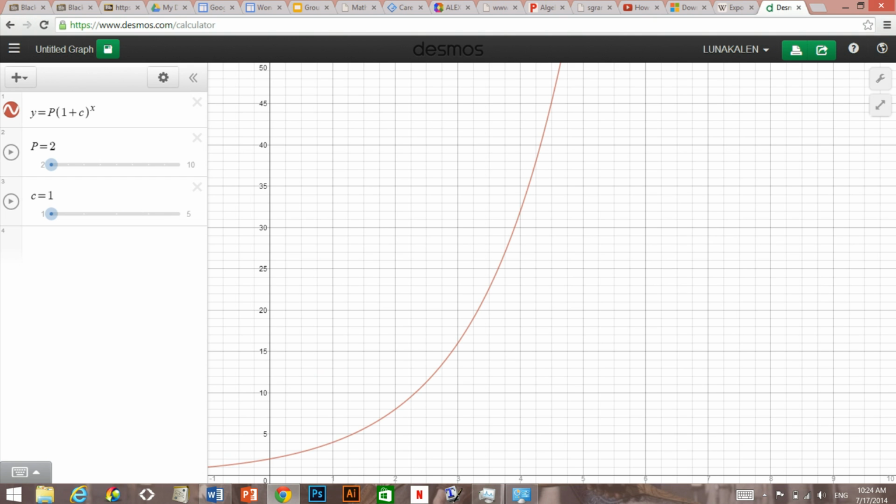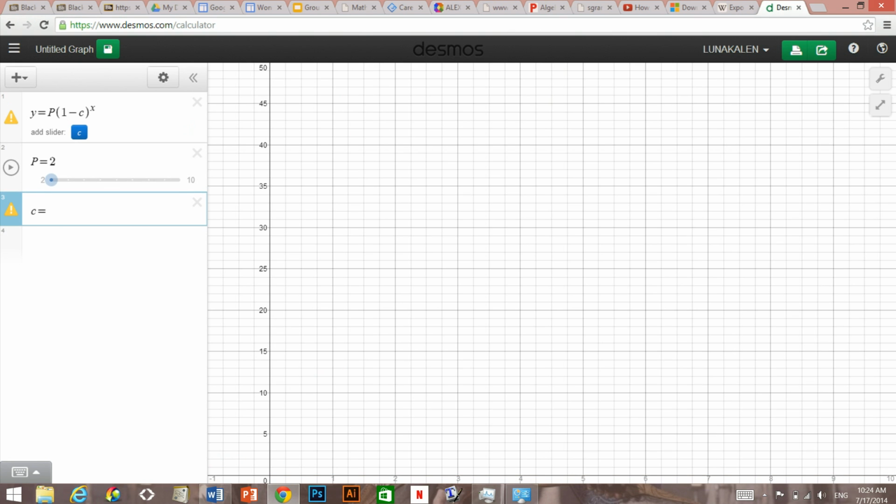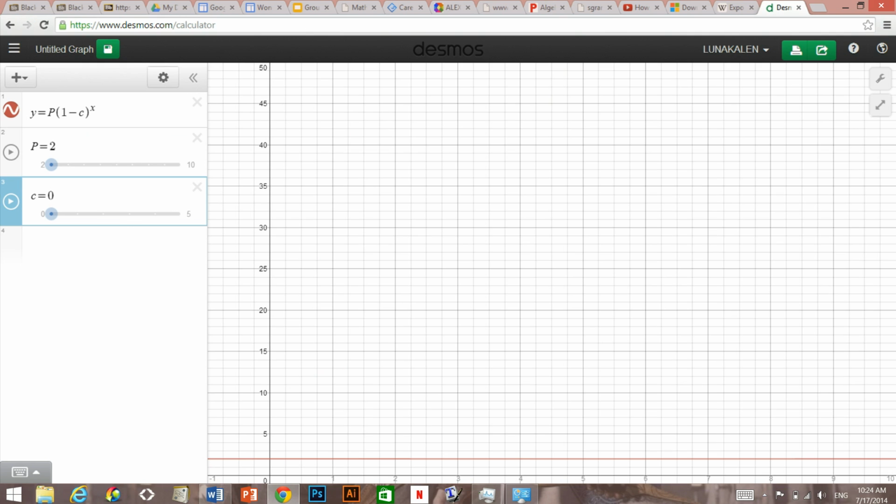So now, knowing this, I'm leaving it up to you guys to observe and analyze the behaviors in decay. If we switch this, we have a value of decay, and for C we will actually have values between 0 and less than 1, because if the value of C was 1, we would have a rate of change of nothing.